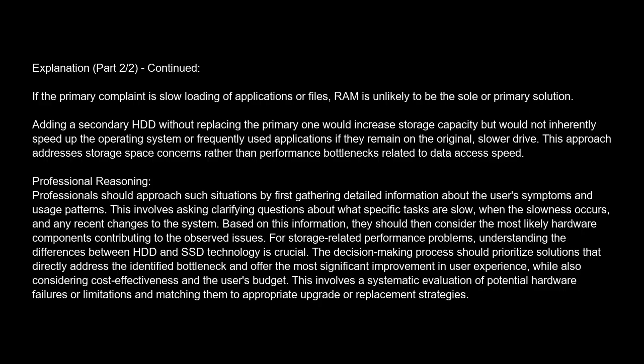The decision-making process should prioritize solutions that directly address the identified bottleneck and offer the most significant improvement in user experience, while also considering cost-effectiveness and the user's budget. This involves a systematic evaluation of potential hardware failures or limitations and matching them to appropriate upgrade or replacement strategies.